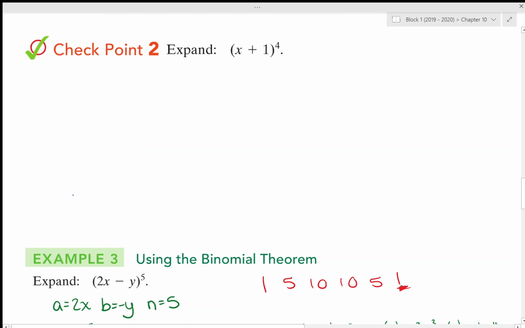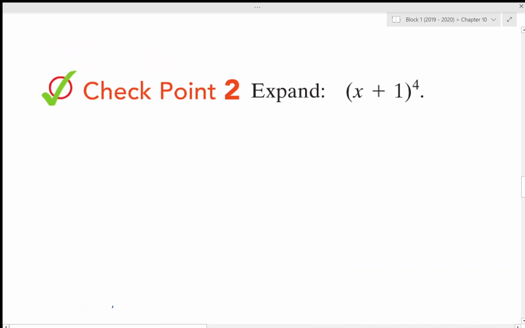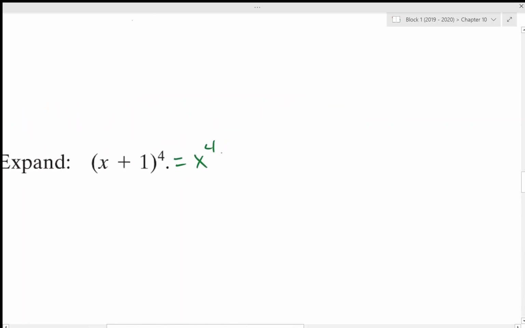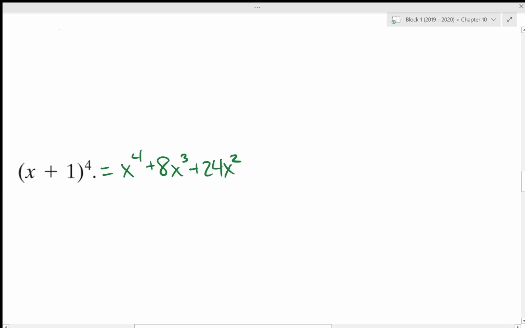So, for x plus 2 to the 4th, we should have gotten an answer of x to the 4th plus 8x cubed plus 24x squared plus 32x plus 16.